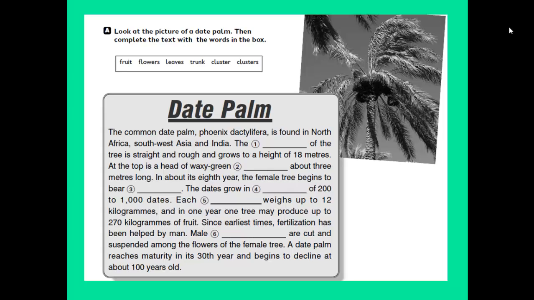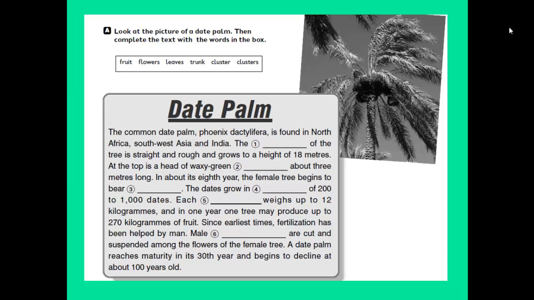The dates grow in clusters of 200 to 1000 dates. Each cluster weighs up to 12 kilograms, and in 1 year, one tree may produce up to 270 kilograms of fruit. Since earliest times, fertilization has been helped by man.